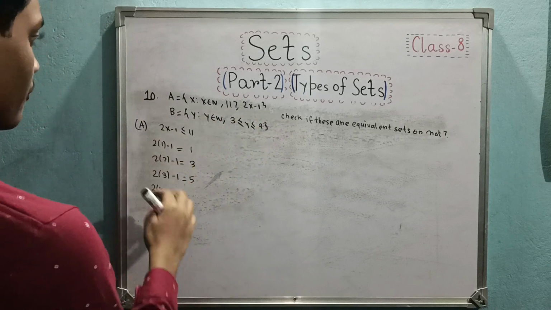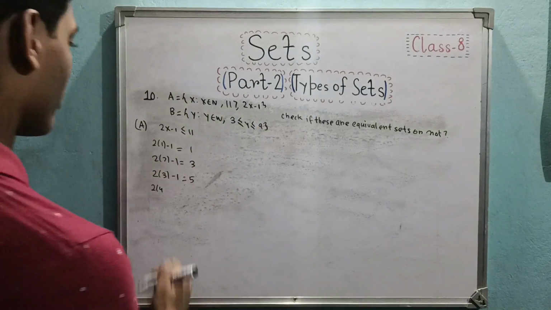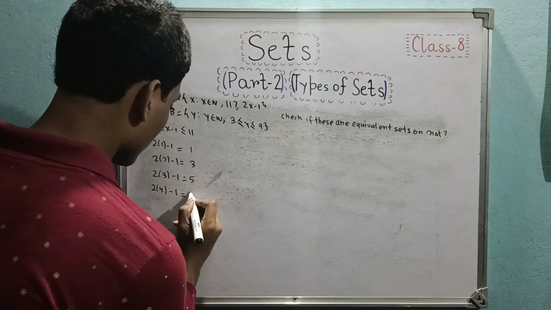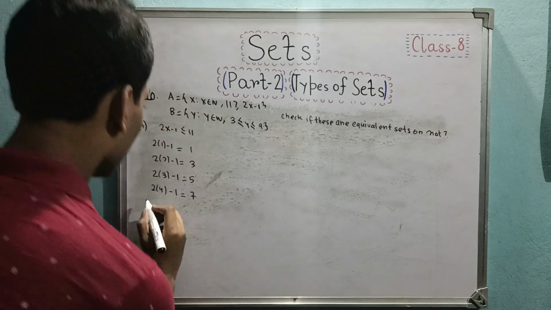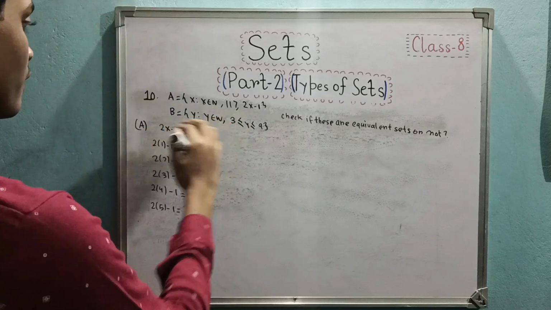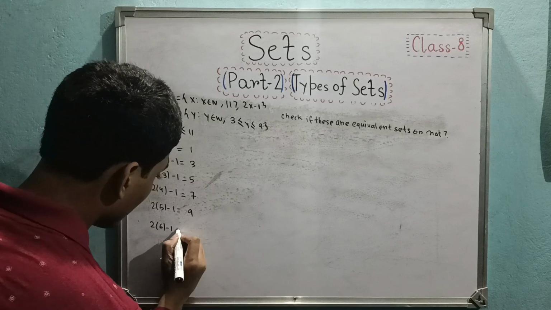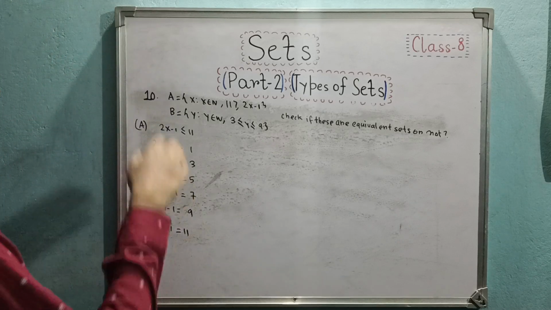I just converted it for your convenience. It should be less than or equal to 11. 2 into 4 minus 1 equal to 7. That is also possible. 2 into 5 minus 1 equal to 9. This is also possible. 2 into 6 minus 1 equal to 11. That is also possible, as it is equal to 11.